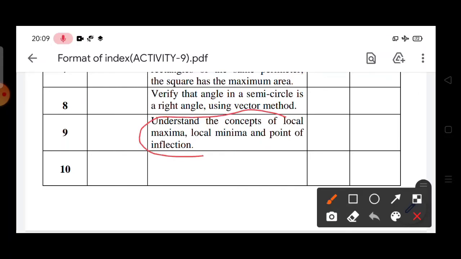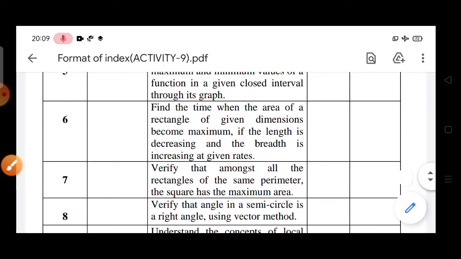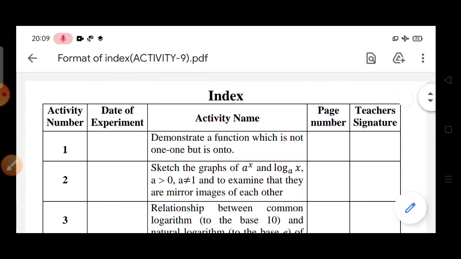That is, understand the concept of local maxima and local minima and point of inflection. You have to write up to this only, and keep the column for page number and teacher's signature blank as before, and also the date of experiment. Clear? Okay. Now come to today's topic.